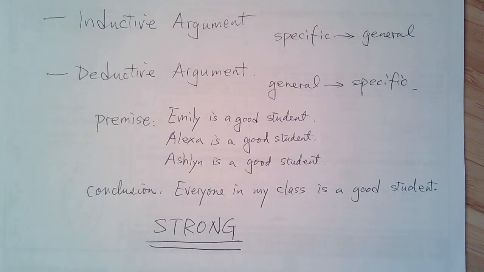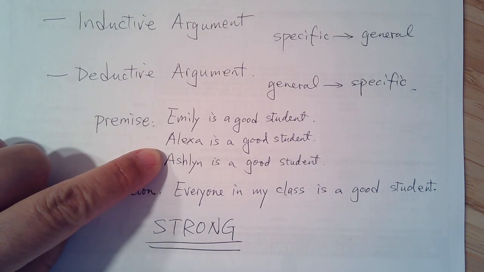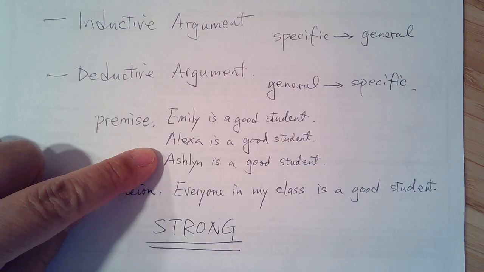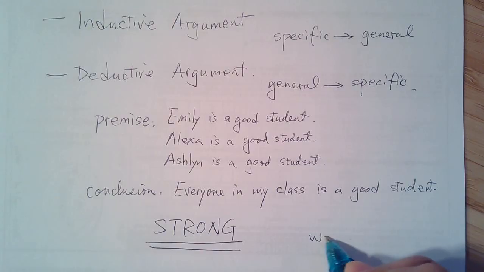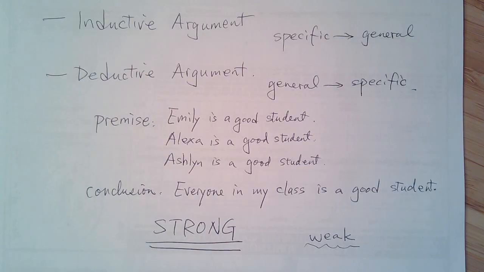But sometimes if I just give you these 3, and in this semester, for example, I have 5,000 students, then with these 3, the conclusion that everyone in my class is a good student is a pretty weak argument, because the conclusion is not well supported by the premises. The conclusion may still be true.